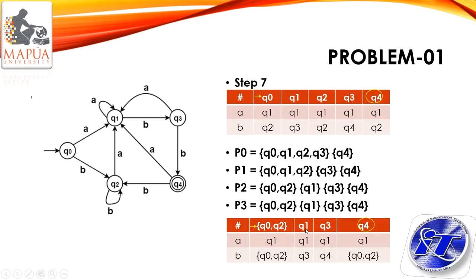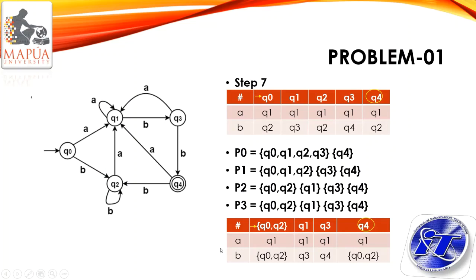For Q1, for A and B, it goes to Q1 and Q3 respectively. But for Q4, for B, originally it will go to Q2, but now Q2 is with Q0, so it will go to the new state, which is Q0, Q2.